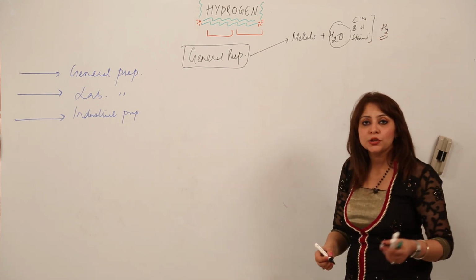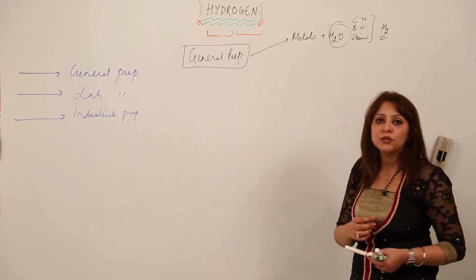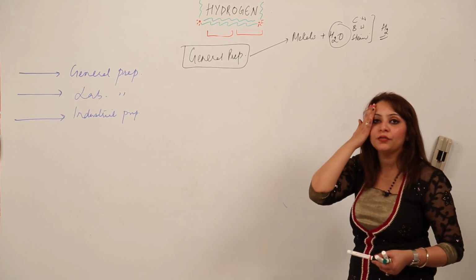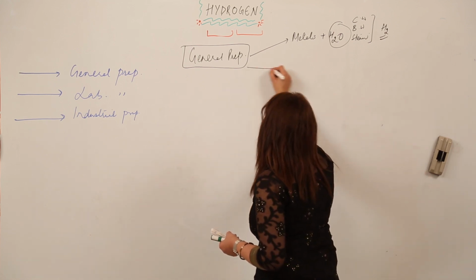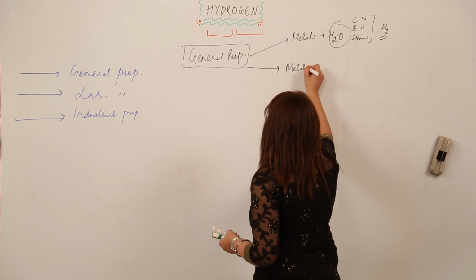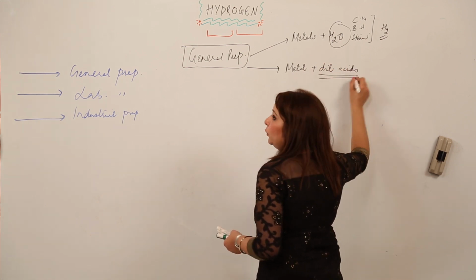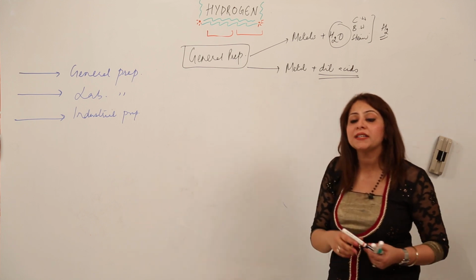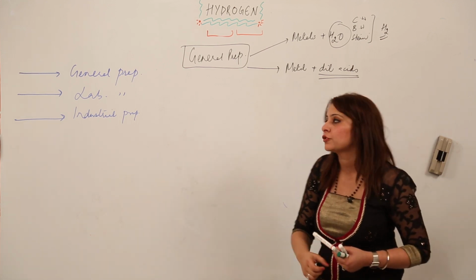But there are a few limitations, as I told you, so we are not using that as a main method, but still we get hydrogen at the end of the reaction, right. The second general preparation is reaction of metals with dilute acids. We will discuss which dilute acids to use and which not to use, or which metal can be used and which can't, right.